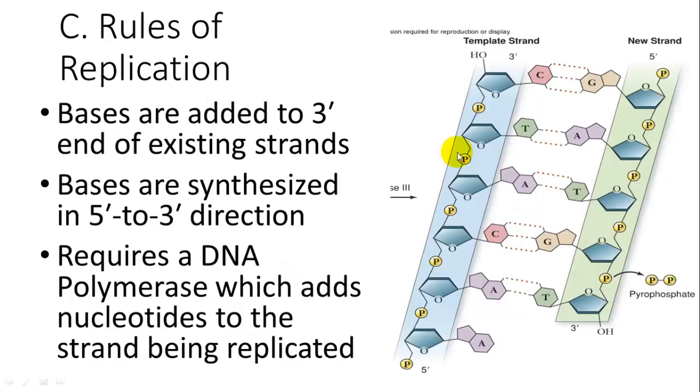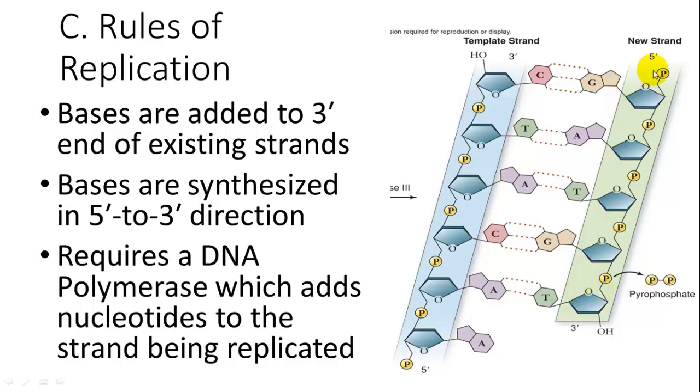So when replication occurs, based on the enzymes and the orientation, they can only add on to one end, and that is on the 3' end. So again, remember we had 1, 2, 3, 4, and 1, 2, 3, 4, 5. Okay, this is the 5th carbon right here.